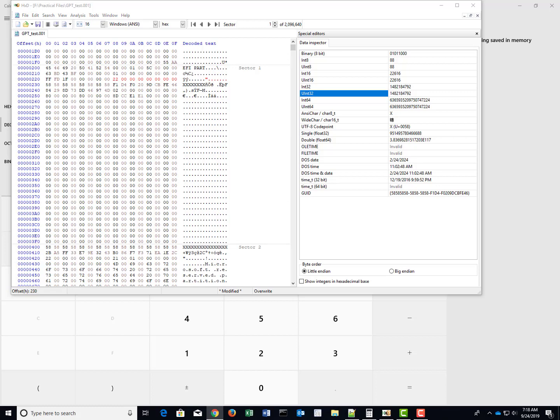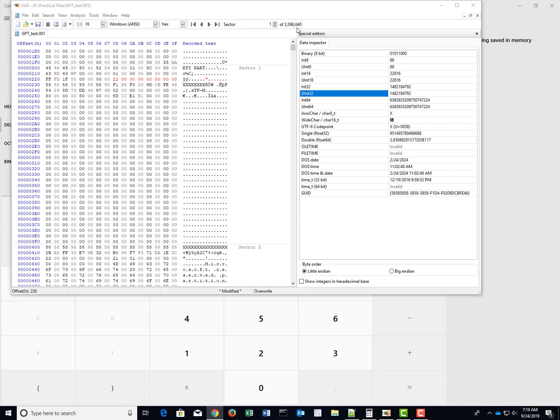Now, I don't believe that's even asked. Let me just double check that. Oh, it is. So, sorry. If I take this number minus 34, I end up with 2096606.